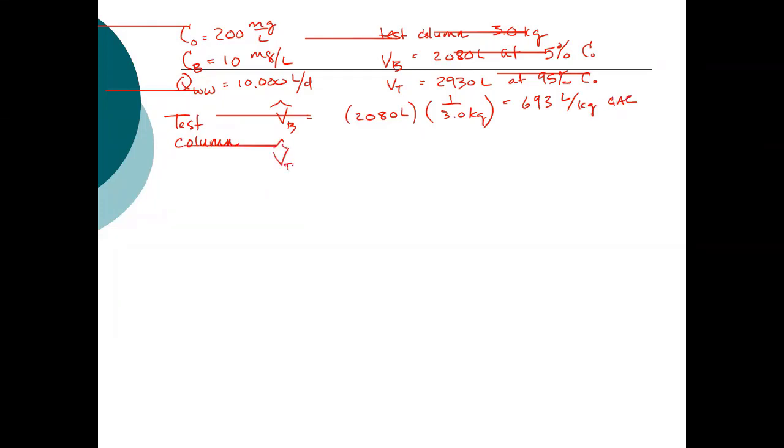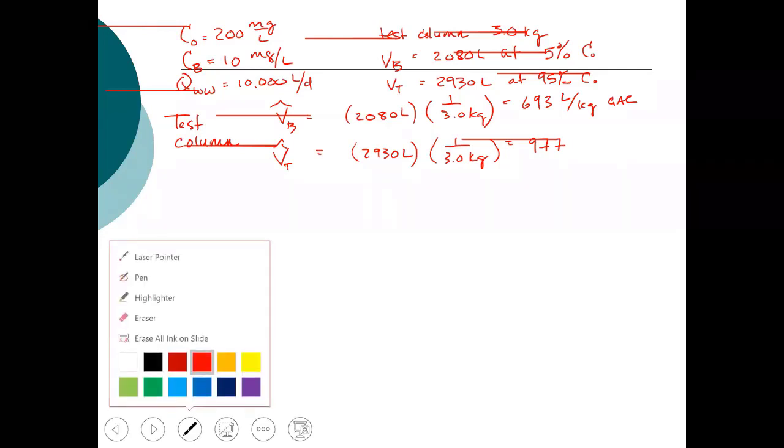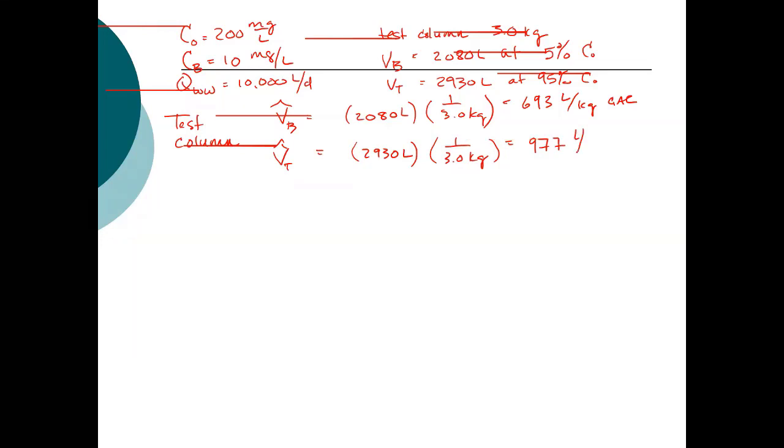V hat T is the volume that we treat per kilogram of carbon to exhaustion, and that is 977 liters. So we can treat 977 liters of water per kilogram of GAC, and that's to exhaustion.